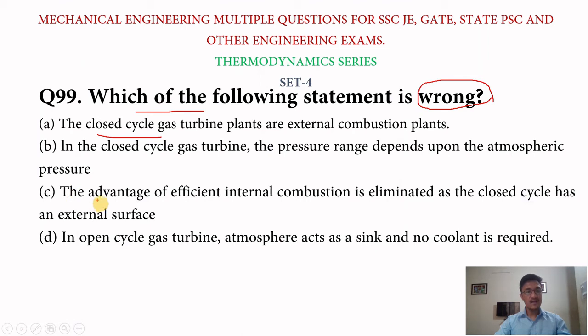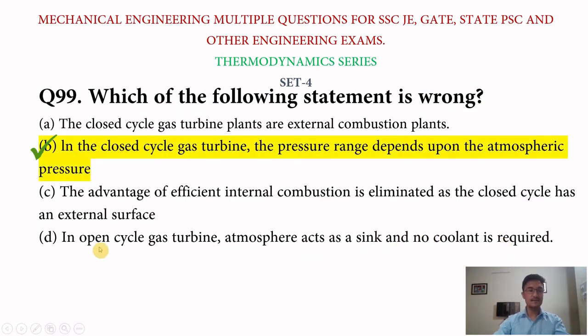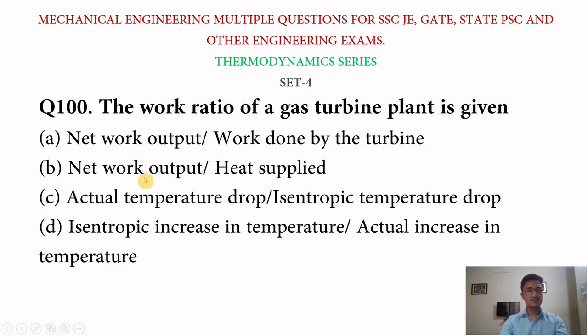Option C, the advantage of efficient internal combustion is eliminated as the closed cycle has an external surface. Option D, in open cycle gas turbine, atmosphere acts as a sink and no coolant is required. So the wrong statement is B. In the closed cycle gas turbine, the pressure range depends upon the atmospheric pressure. So this is the wrong statement. Let's move to the next question.